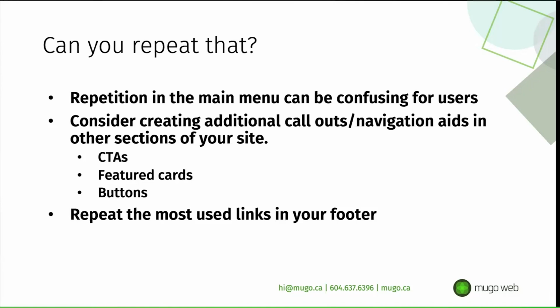Like, people do access things in different ways, and you want to make sure you're covering the breadth of those experiences. I will say also that your footer is a perfect place to repeat things that are already up in your main menu, especially those high value ones, the things that you think people are most going to be looking for. If they've gotten already to the bottom of your content, they can easily navigate to and from there.